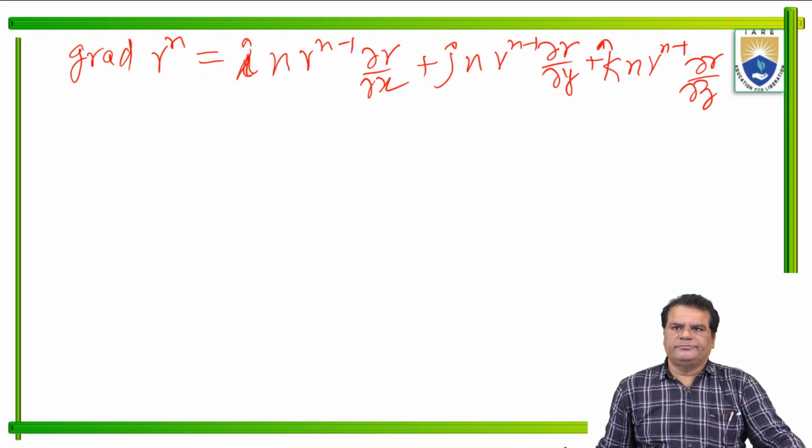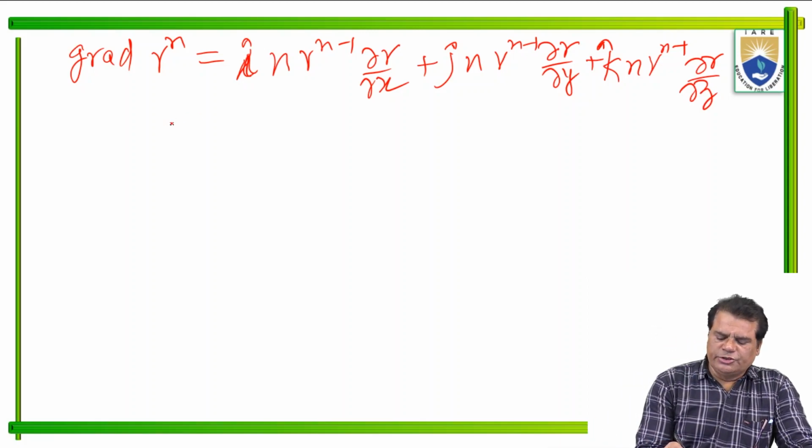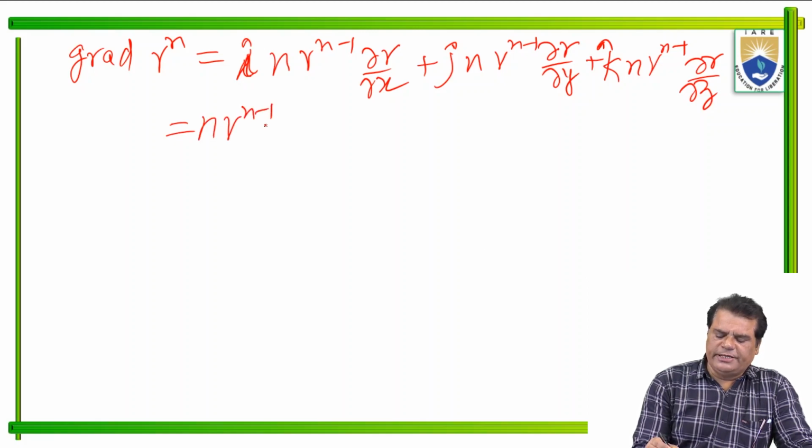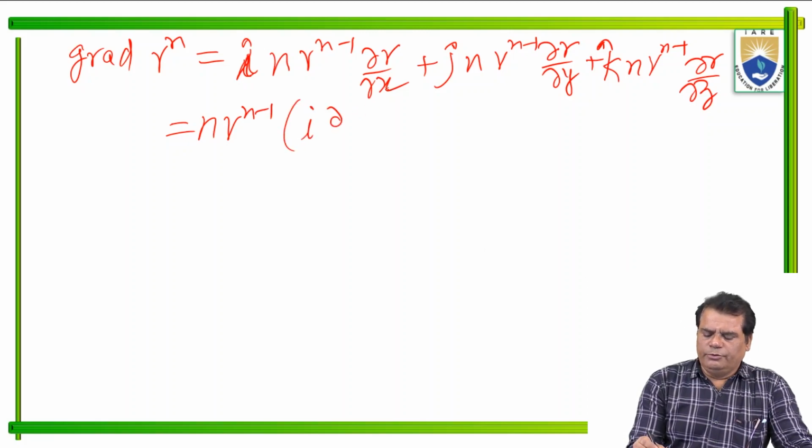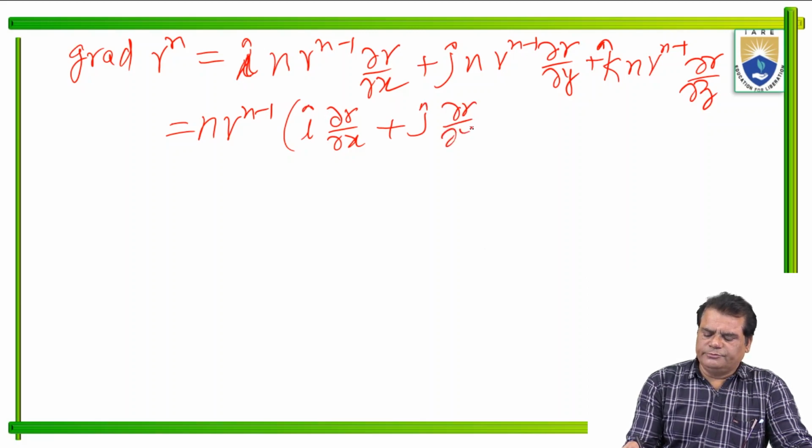Now this equals n r to the power n minus 1, which is common, times i dou r over dou x plus j dou r over dou y plus k dou r over dou z.